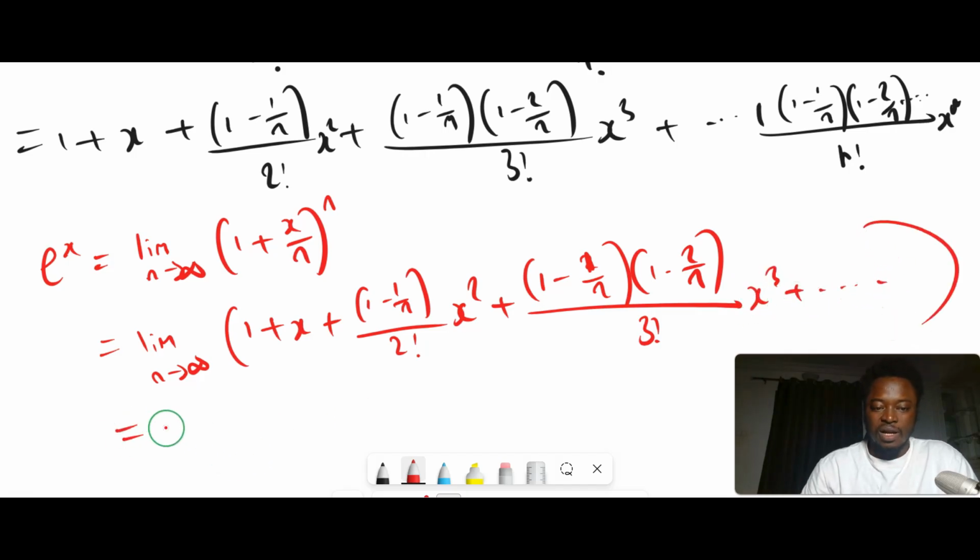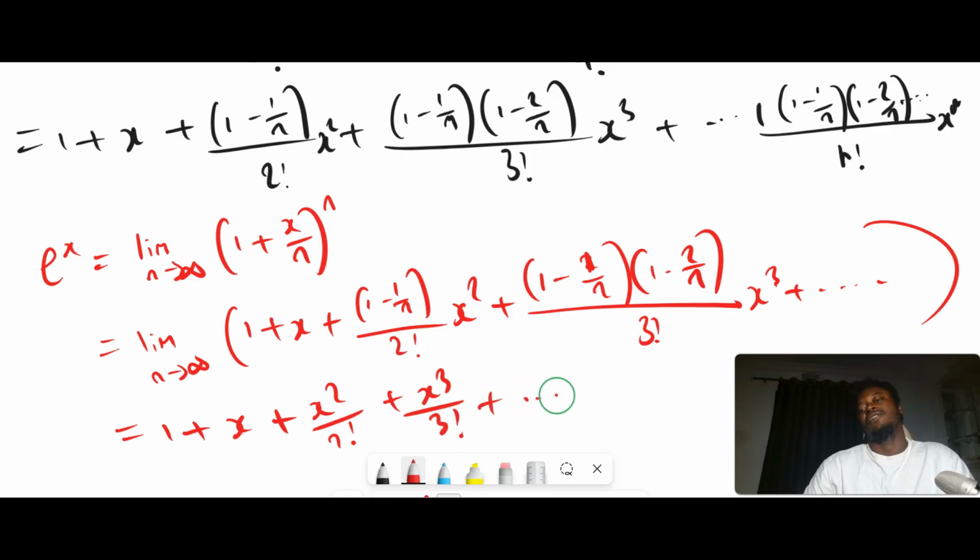As n goes to infinity, this becomes 1 + x + x²/2! + x³/3! + and so on, up to x^n/n! and so on. So that is that.